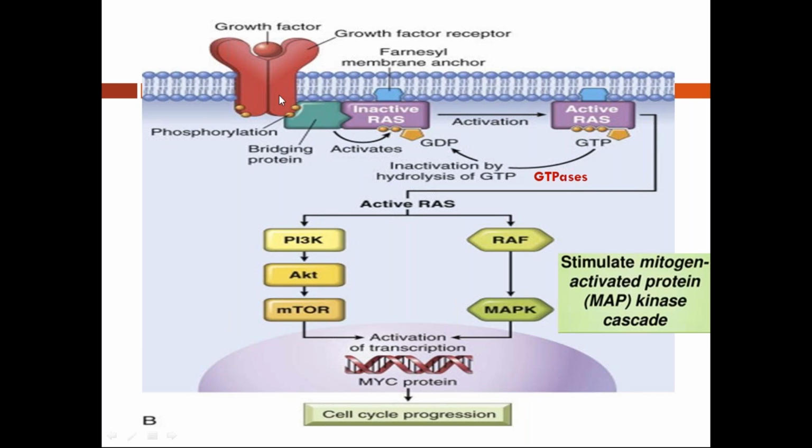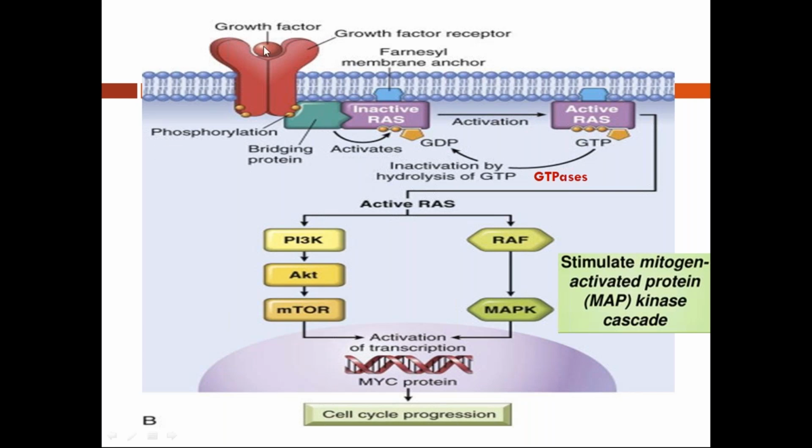This RAS protein is not only attached to the plasma membrane, but it is also attached to the receptor with one more protein called the bridging protein. Thank God they didn't give any fancy name for that. It forms a bridge between these two proteins, so they gave the name bridging protein.